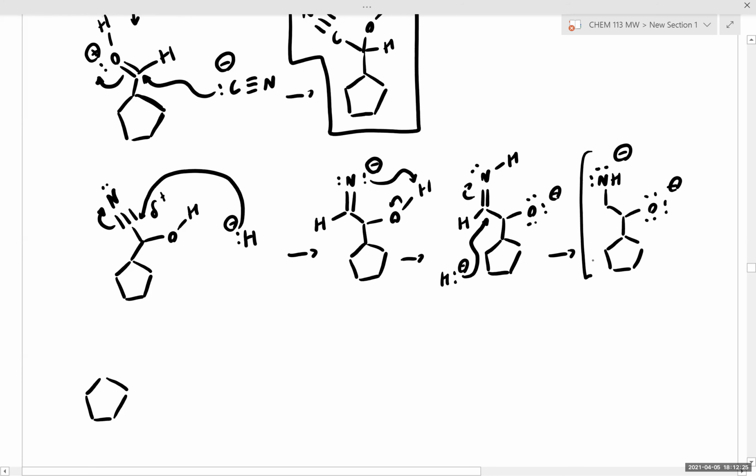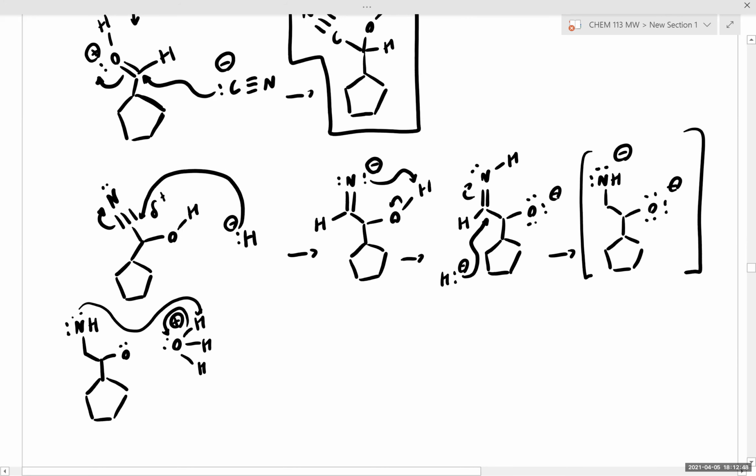So we have this intermediate floating around in solution. And when we treat with water or a source of aqueous acid in our quench step, we will easily be able to protonate our basic ammonium and alkoxide anions and generate our neutral product.